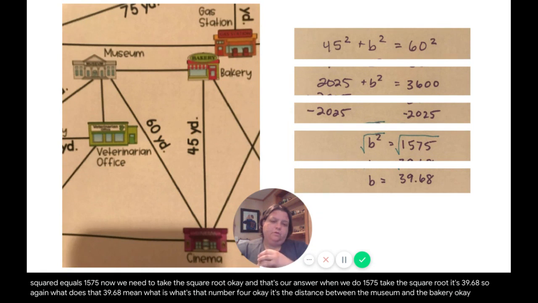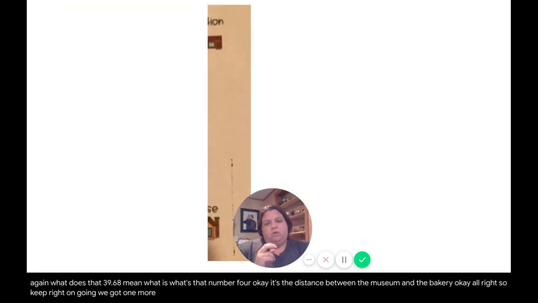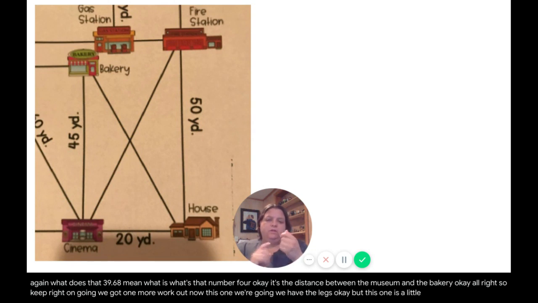Okay. All right. We're going to keep right on going. We got one more problem to work out. Now, this one, we have the legs, but it's a little bit more visually complicated.